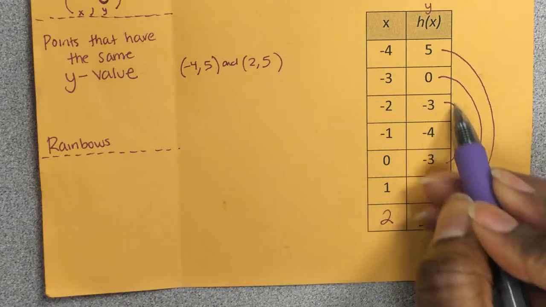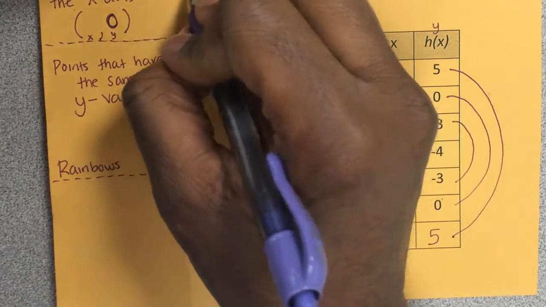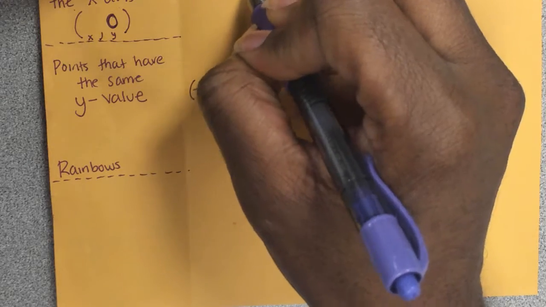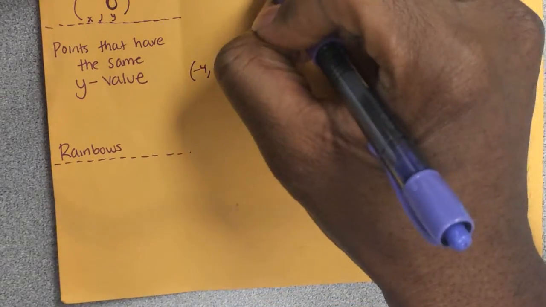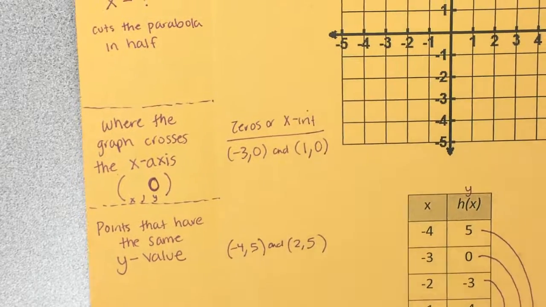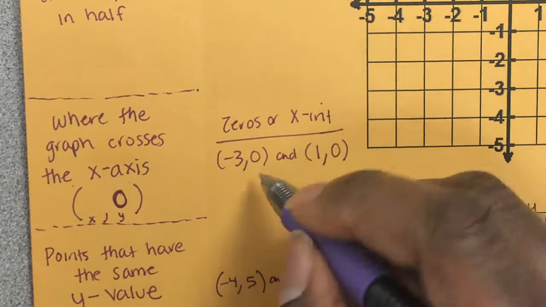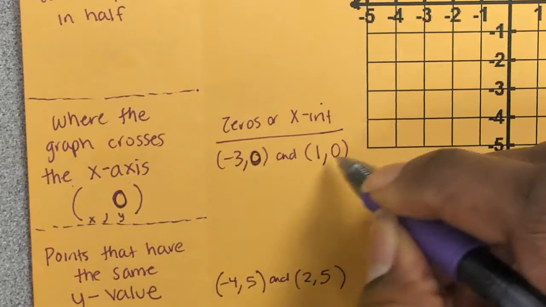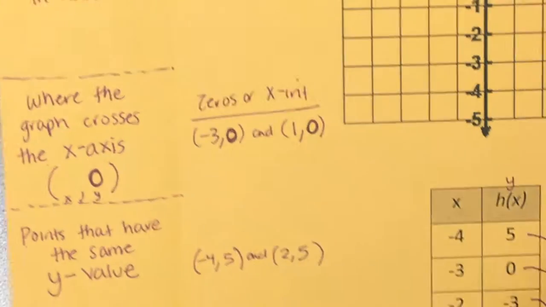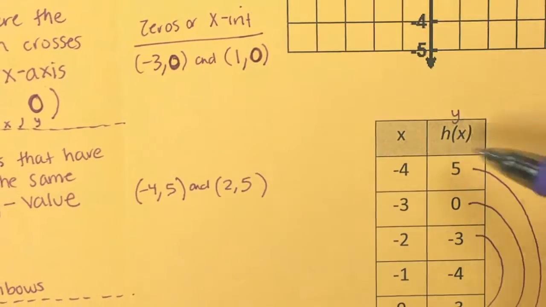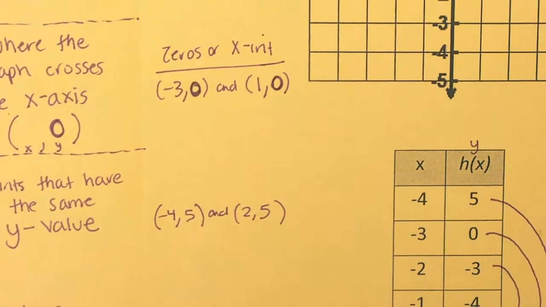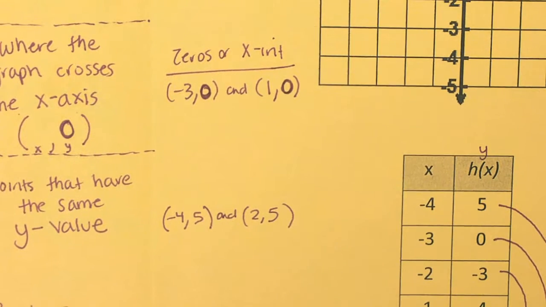There's an x-intercept, and there's another x-intercept. Sometimes there's 2, sometimes there's only one, sometimes there's none. Remember, specifically about x-intercepts, the 0 has to go in the back of the parentheses. And yes, you could find that in a table if you look for where the y equals 0. Got it?